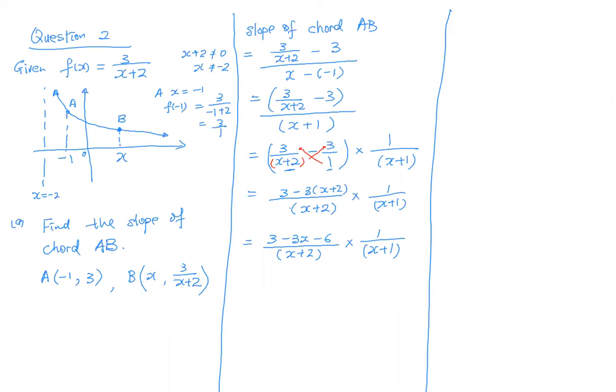Yes, Johan, what is the next step? Next step is to simplify the numerator. Tell me what is the answer. So it is -3x -3 minus 3 minus 3.